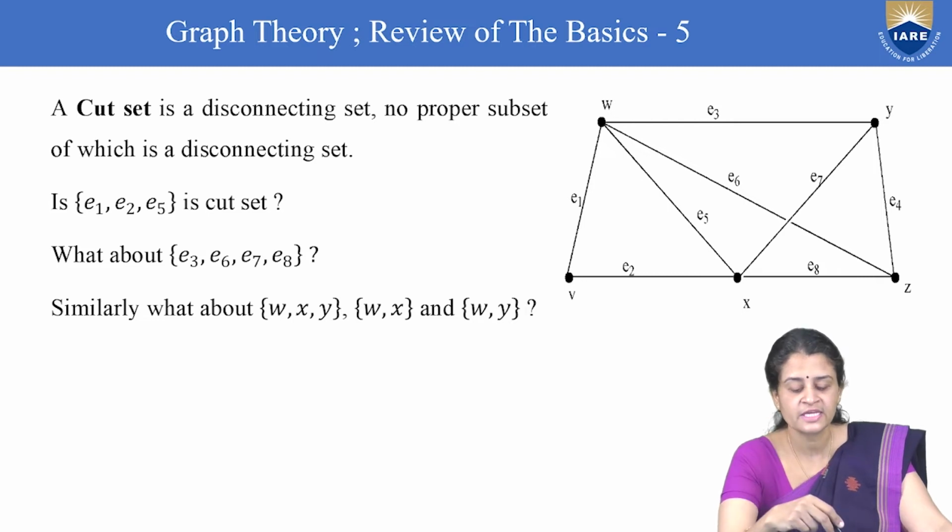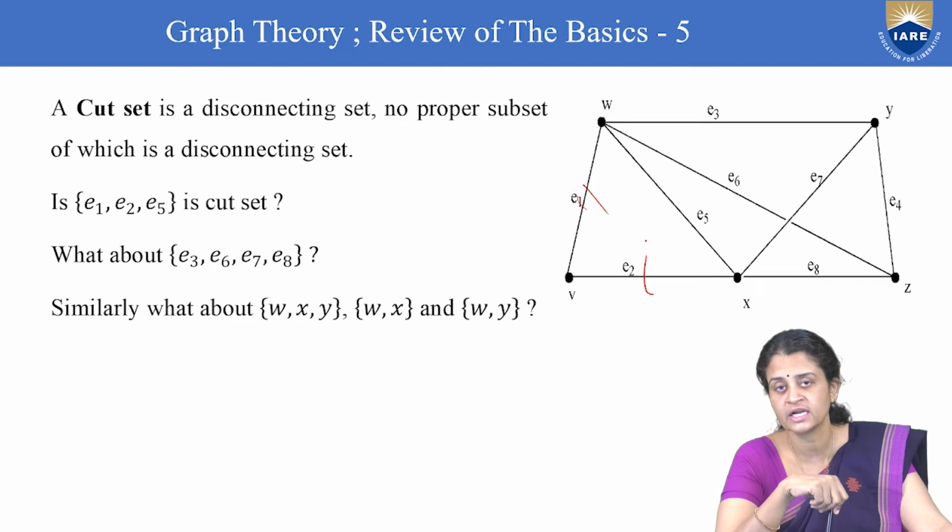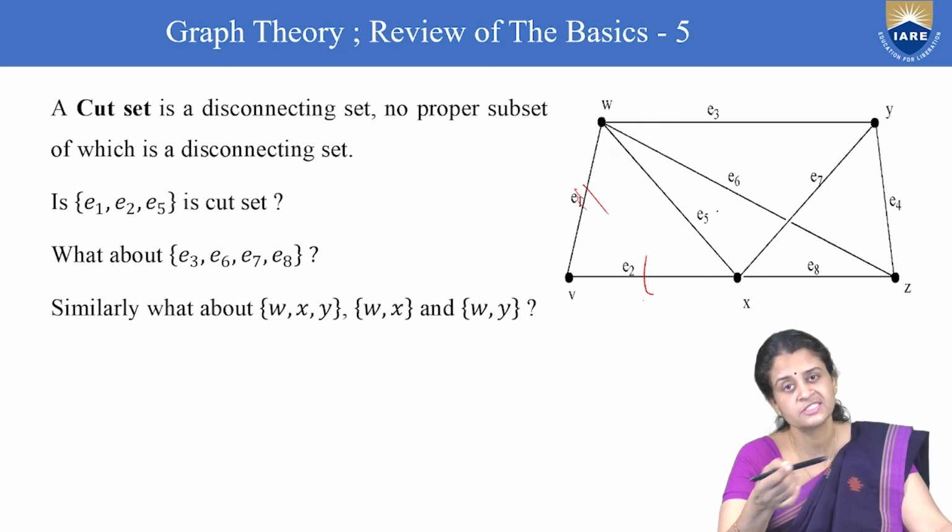No. Because even by the removal of E1 and E2, we can disconnect this graph. This will be an isolated vertex and this thing will be another part. So E1, E2, E5 is not a cut set. It's just a disconnecting set. A cut set is E1 and E2.